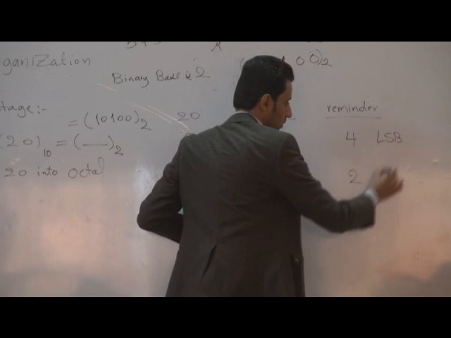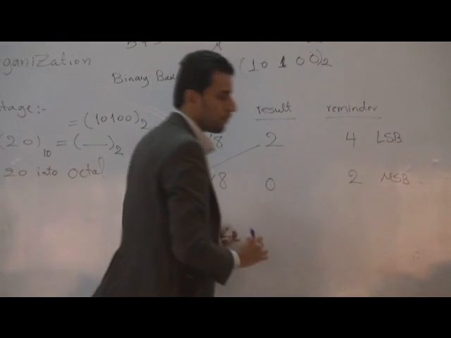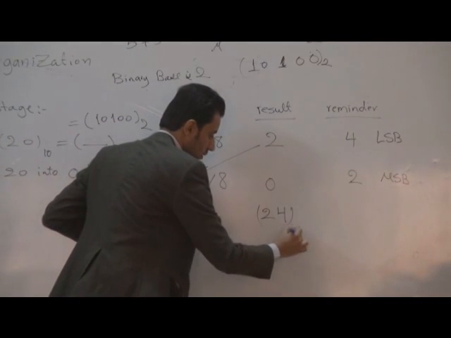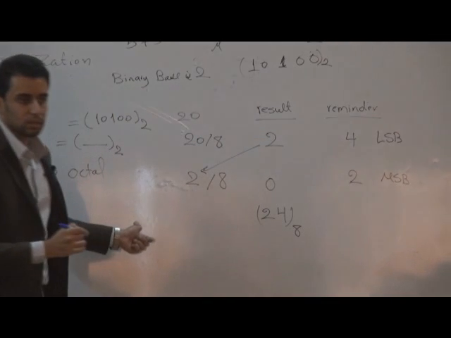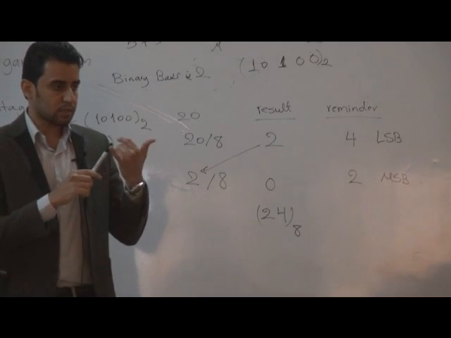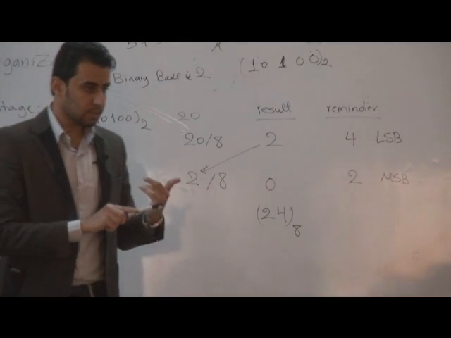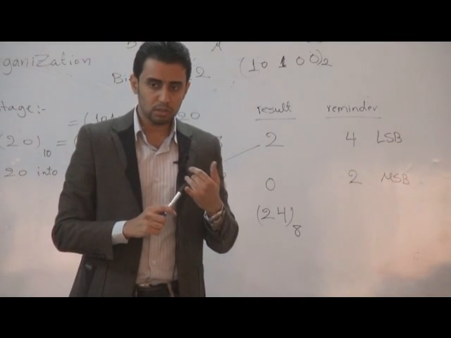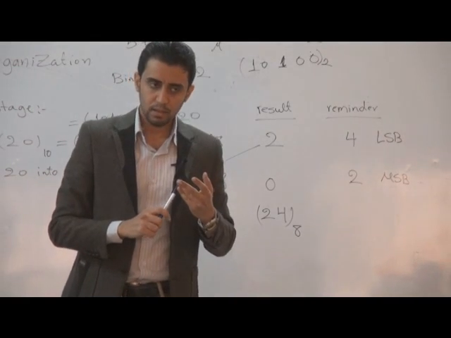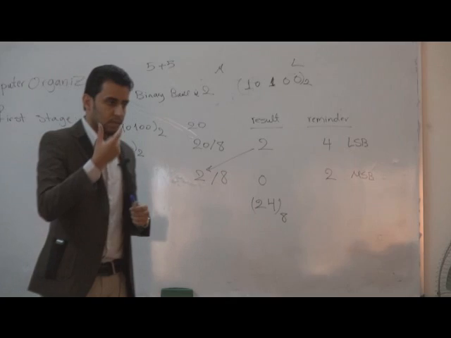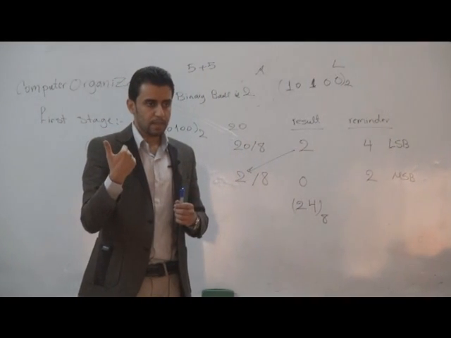This one is the least significant bit, and this one the most significant bit. When we write it in this form: 2, 4, in the octal system. So when we convert 20 into the binary system, we divide it by 2. When we convert it into the octal system, we divide by 8.